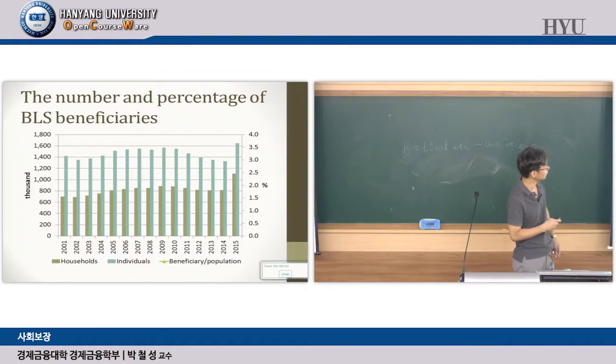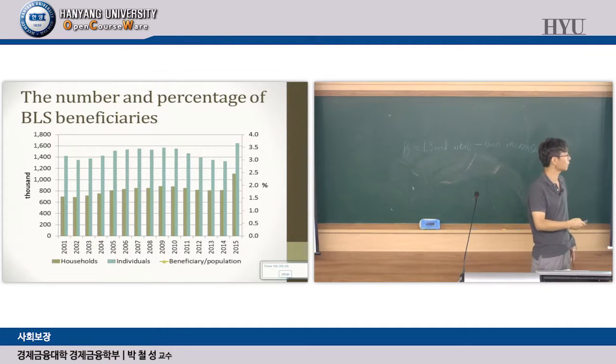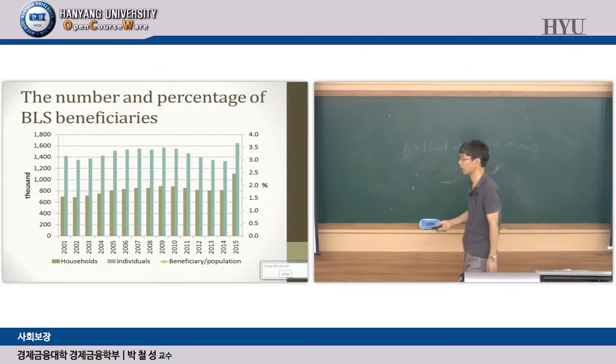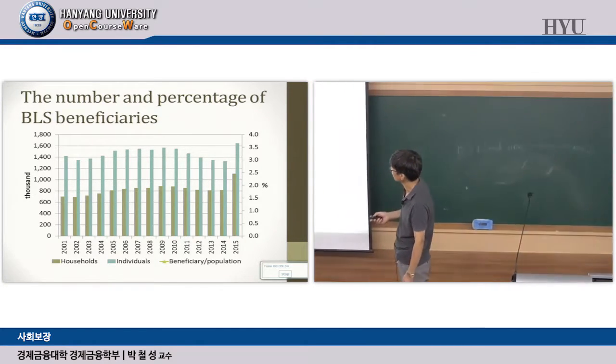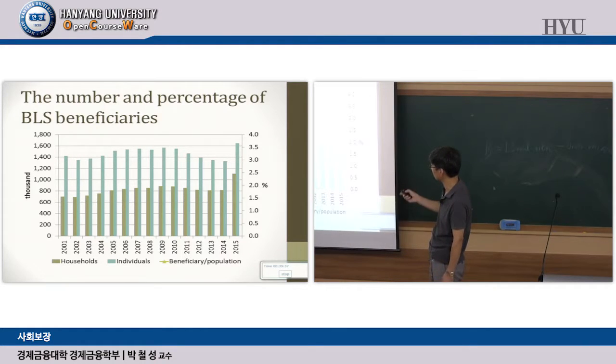And in terms of individuals, these are the number of individuals in the households. 2015 has seen more than 1.6 million people get some benefit. Obviously they have different amounts in terms of benefits. Some benefits are very small, some are relatively large. But as you can see, there has been a big increase in 2015 because of the change in the eligibility rule.